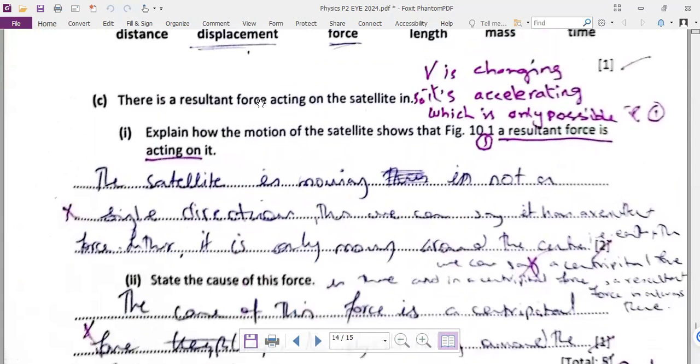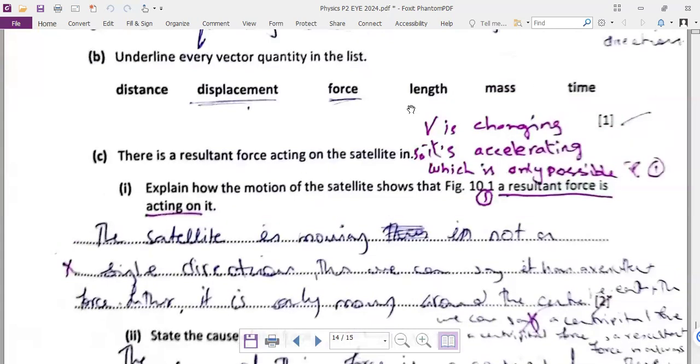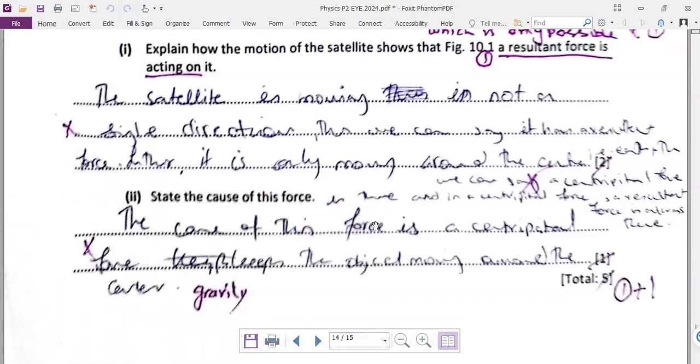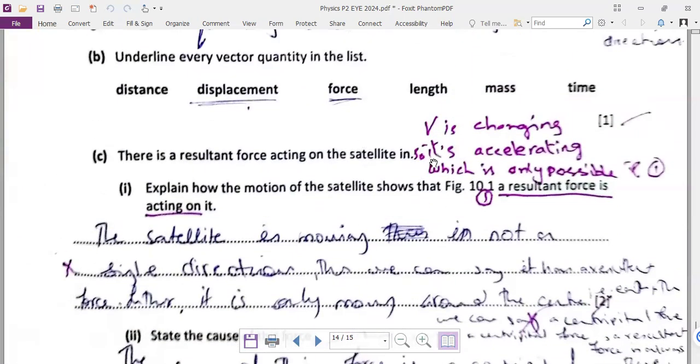It says there is a resultant force acting on the satellite. Explain how the motion of the satellite shows that a resultant force is acting on it. Very tricky question. So look at this feedback. I am giving feedback here that a resultant force is acting on it.